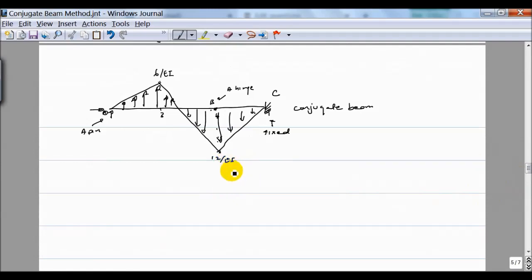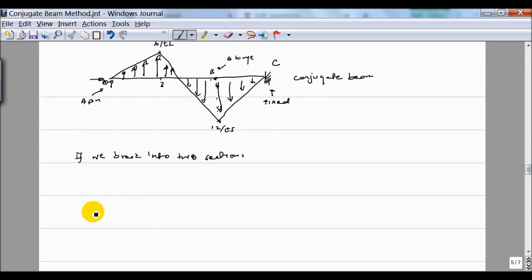Now if I consider the section BC, if we break it into 2 sections, the first section is A to B. Here you have a pin support, and here we can consider a roller because it's a hinge, and I'm breaking here.